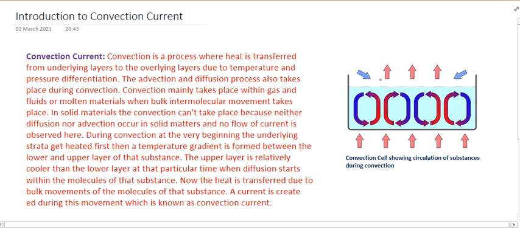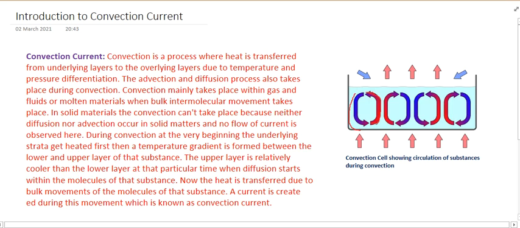So all of you, let us go through this picture. Here the movement of convection current is shown. First of all, the movement starts from the bottom and it starts moving towards the upper area. Convection takes place from the bottom in most cases, and it rises and then descends downward. Why?